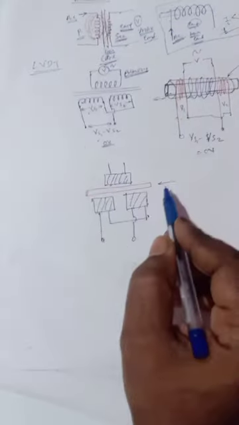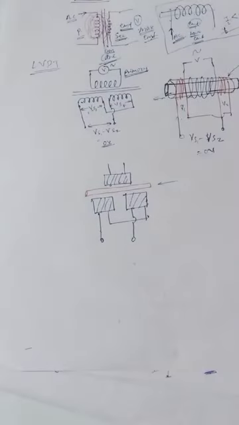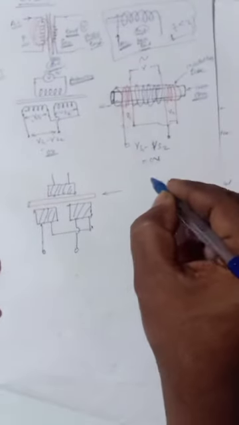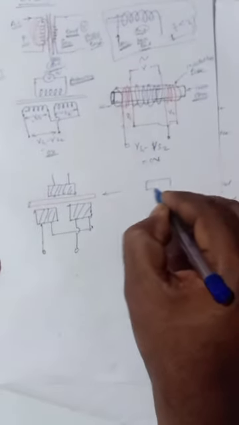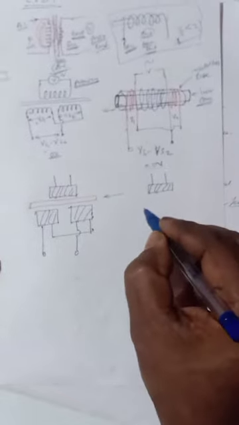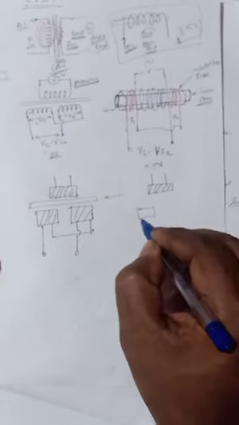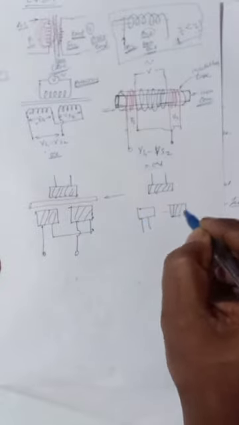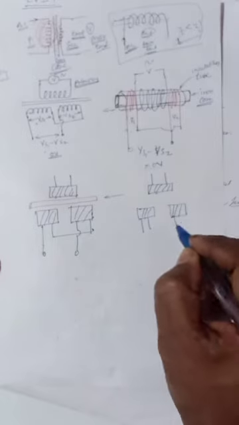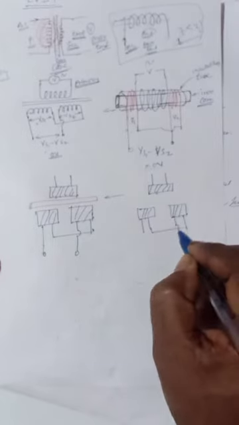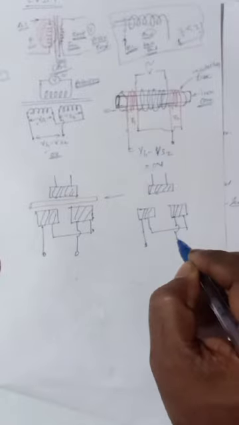Now we are going to shift this rod to the left or to the right. Consider we shift this rod to the left. This is the primary coil and these two are the secondary coils, just a symbolic representation, connected out of phase.